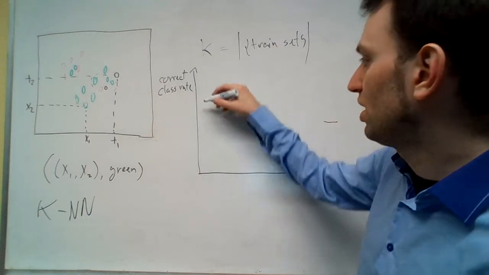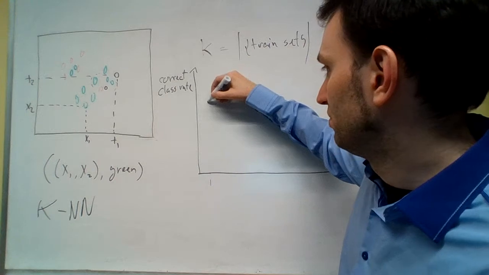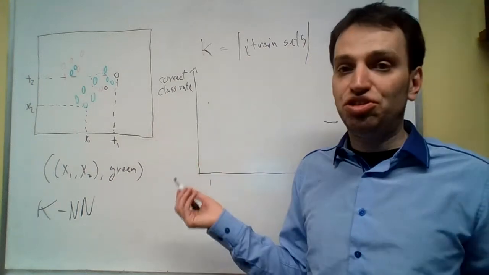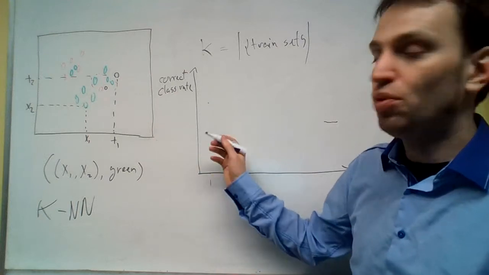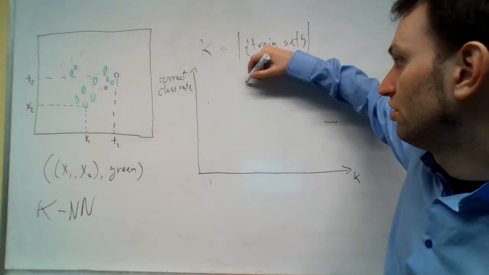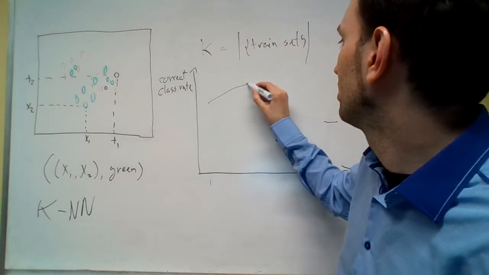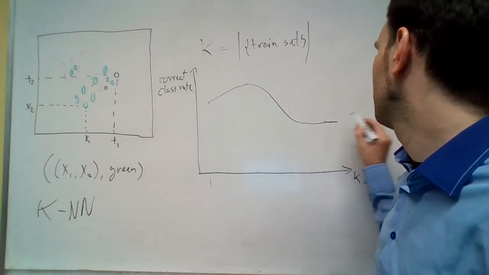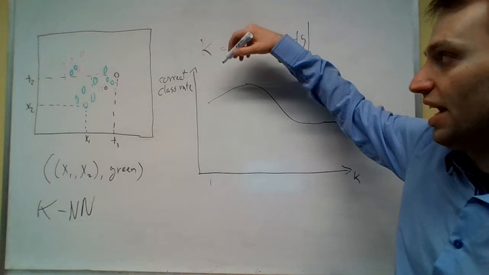Where do we start? Well, we start at K equals 1, and we start somewhere. What we argued is that, in the generic case, the performance would go up until a certain point where it would be optimal. So the performance would go up until, let's say here. The curve would look kind of like this, where this is the best K.